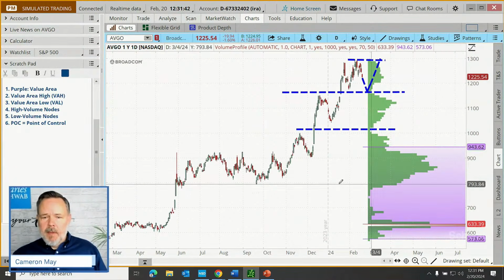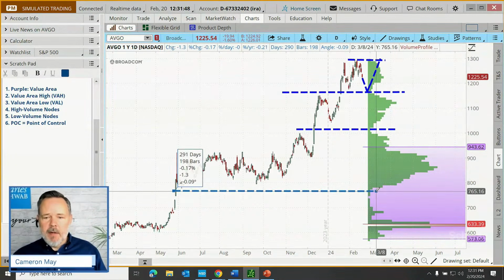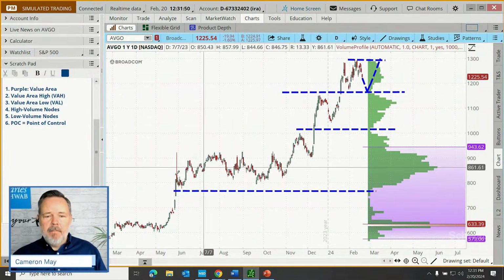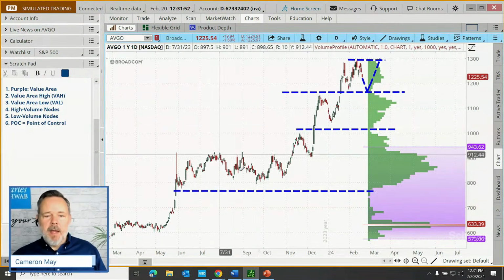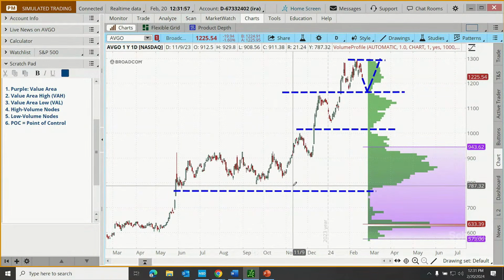Another low node area is right down here, the prominent one. And you can see as we intersect with that, when price was coming down, it tended to reverse before it hit that level. Yep.